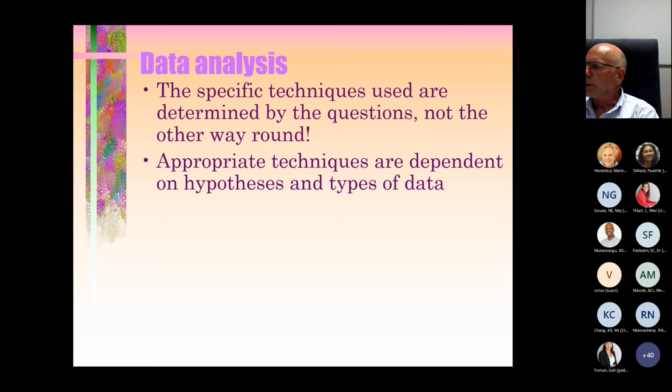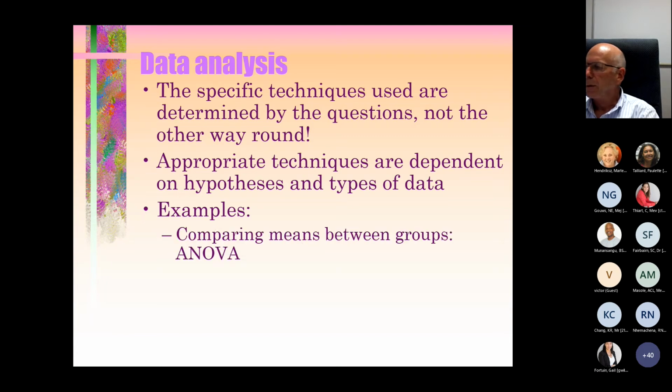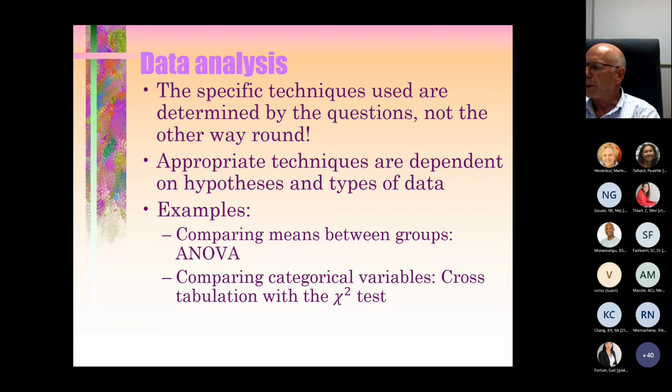Okay, appropriate techniques are dependent on hypotheses and types of data. This is where the types of data that I spoke about earlier start playing a role. So here are some examples. If you are comparing means between groups, you will typically do an analysis of variance. Or if you are comparing categorical variables, then you will typically do a cross-tabulation with the chi-square test.